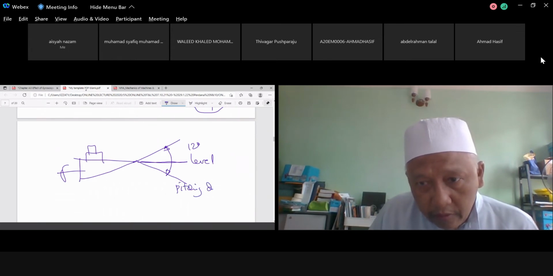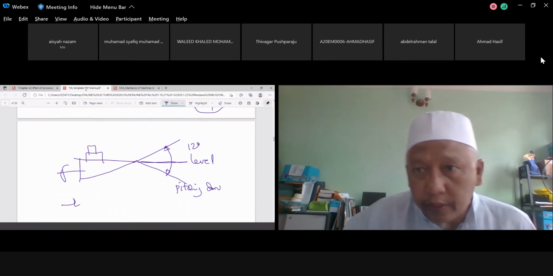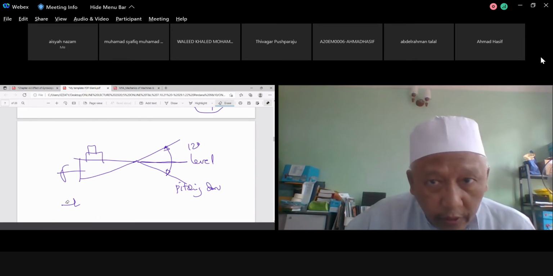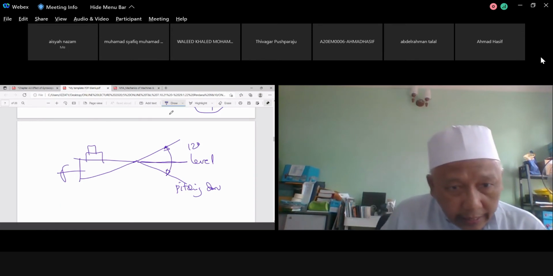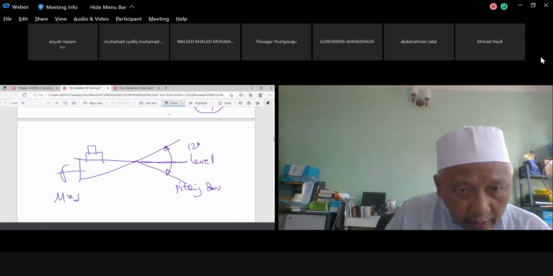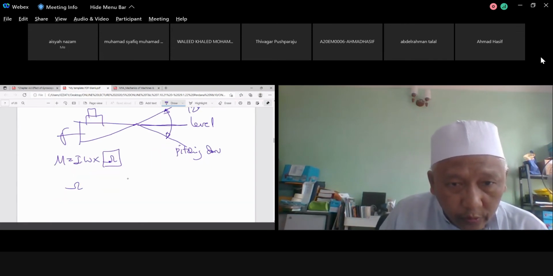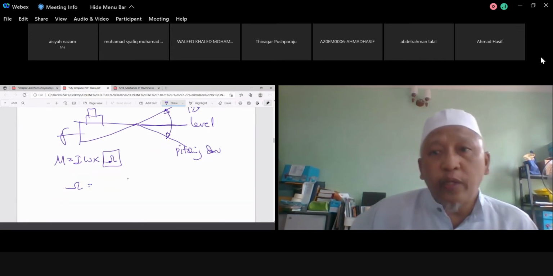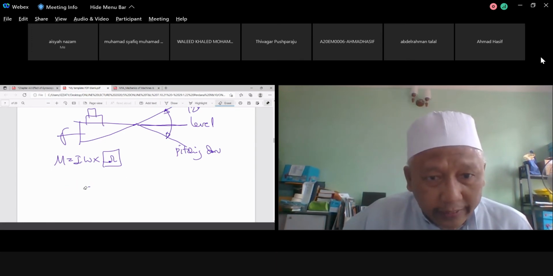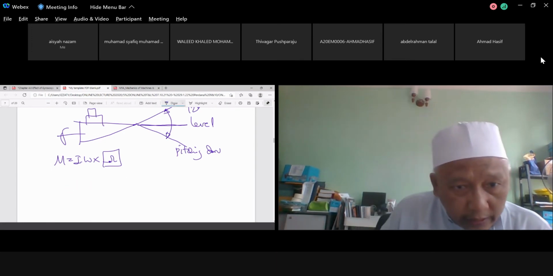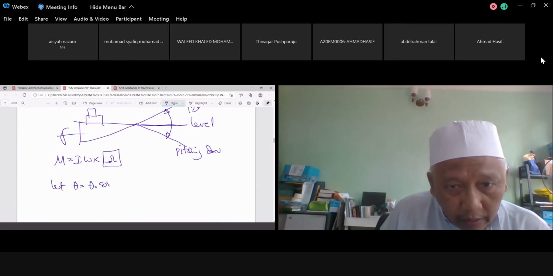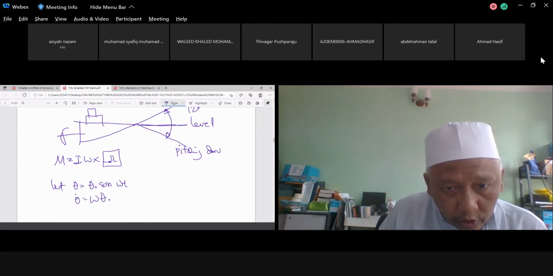So your equation again, focusing on this one. You have to start with, as I mentioned earlier, theta equal to theta naught sine omega t. Then theta dot equal to omega theta naught cos omega t.